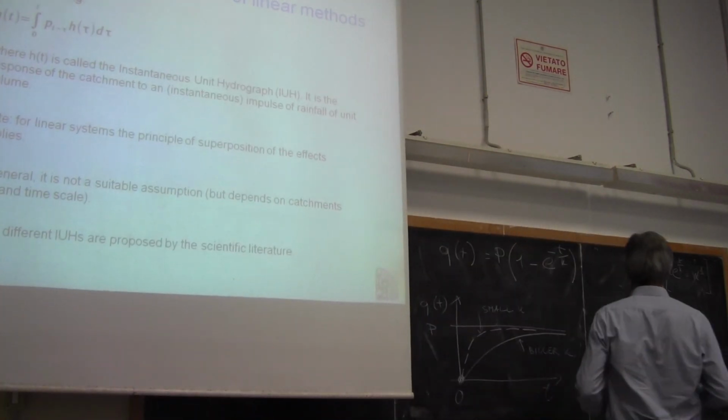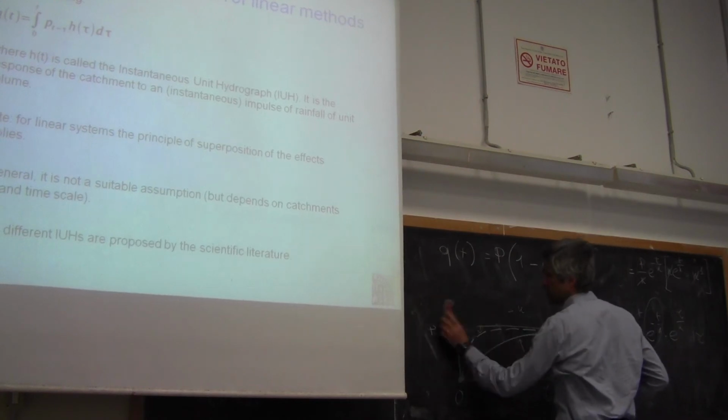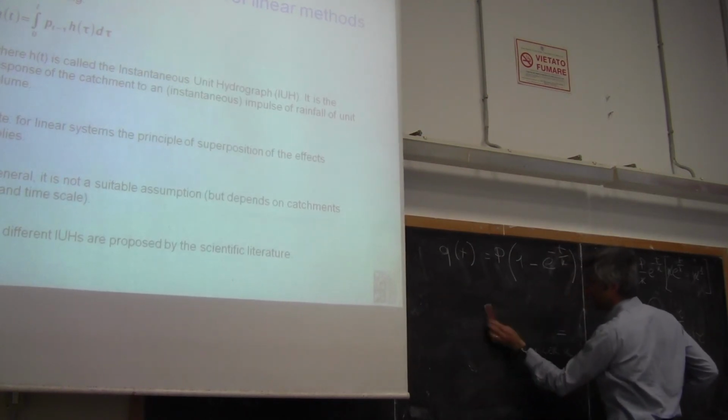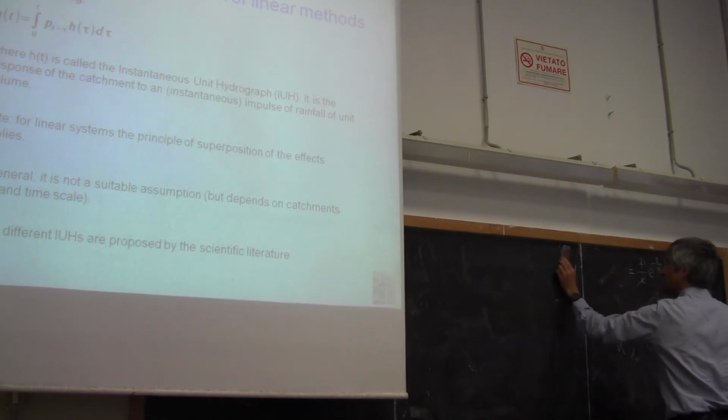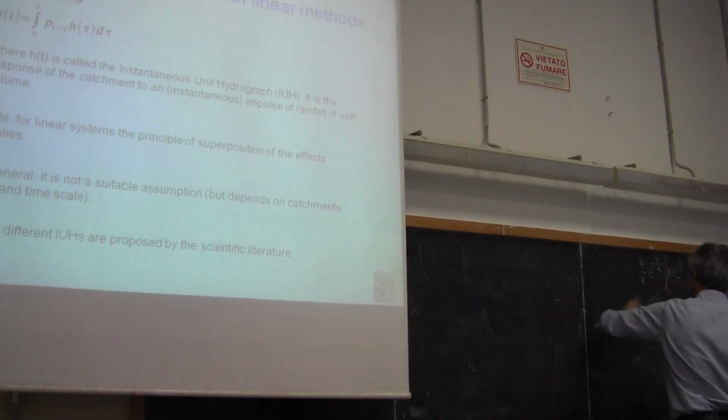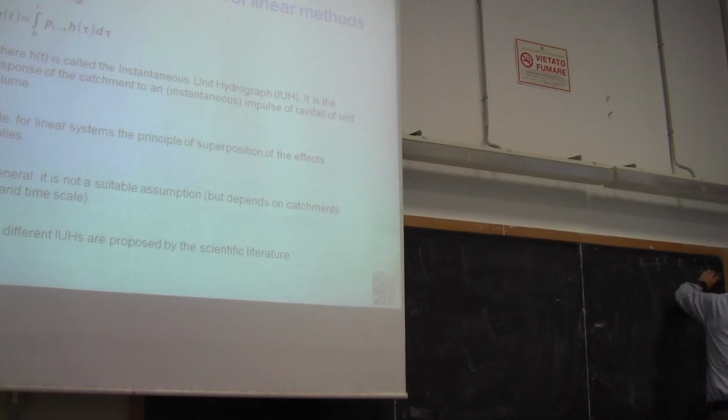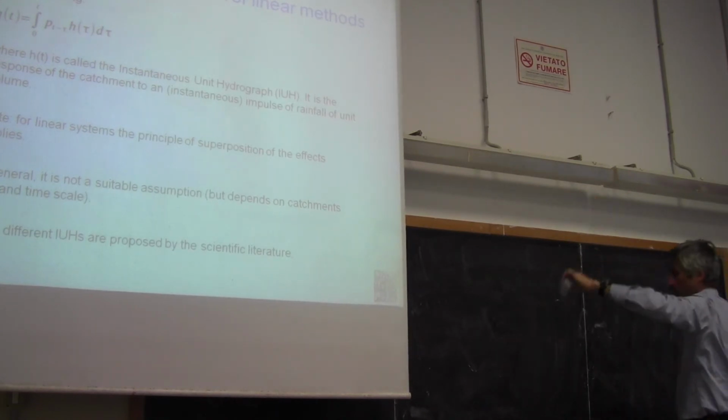So let me write again the formulation of the linear reservoir and show you how we can turn the formulation that we know of the linear reservoir into the formulation that you see on the slide.